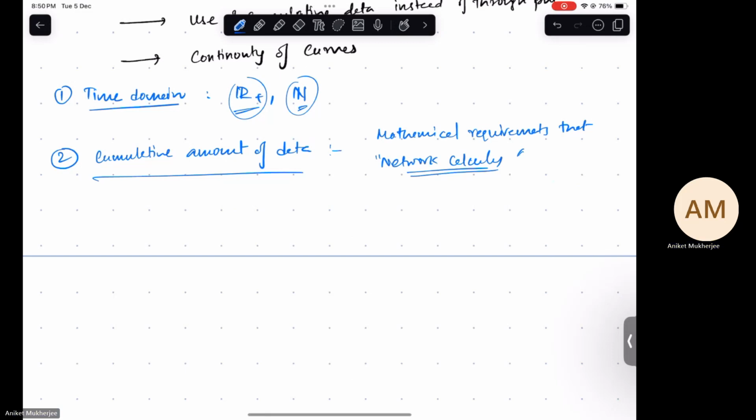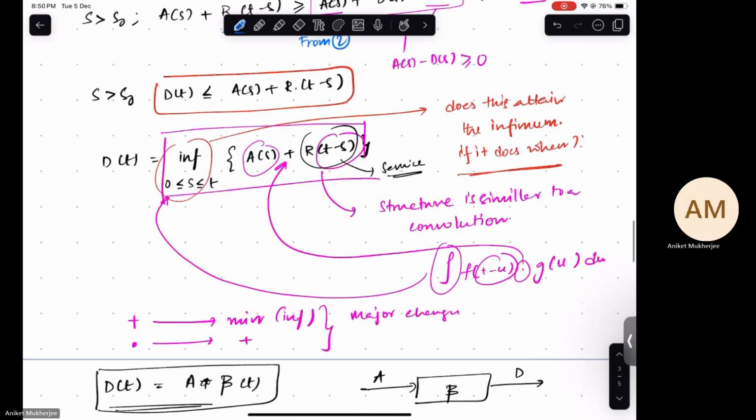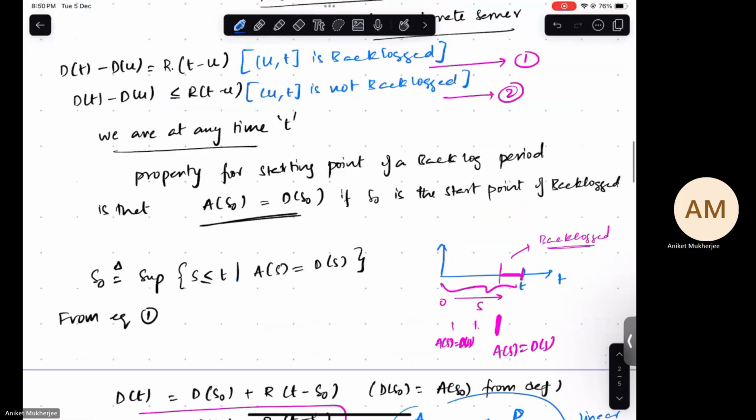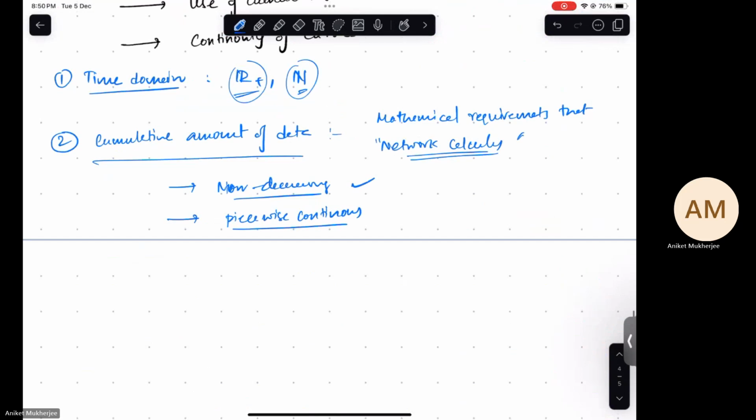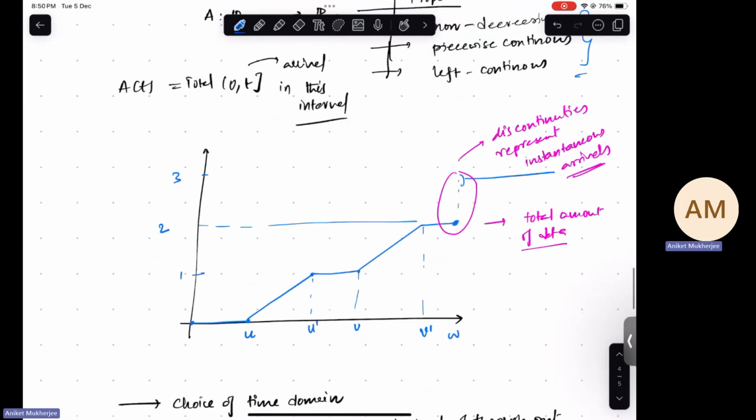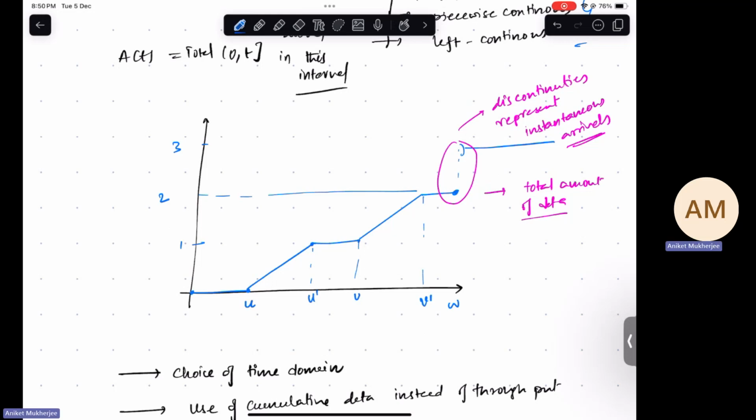So the non-decreasing part is clear. Next is piecewise continuous. Piecewise continuous basically comes because of these on-off processes: sometimes there would be no flow arriving to the server, sometimes there would be some flow arriving to the server.